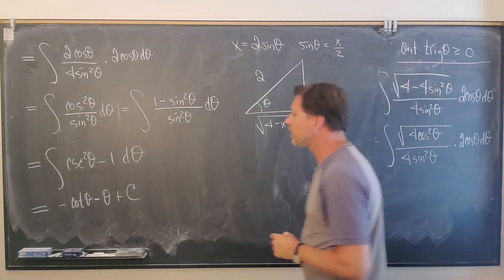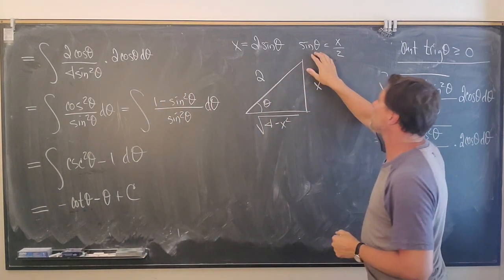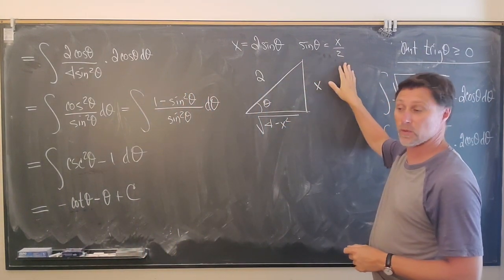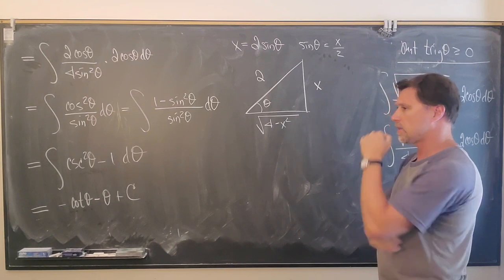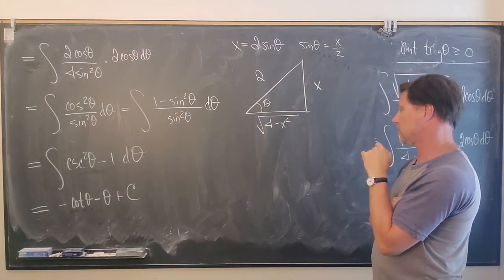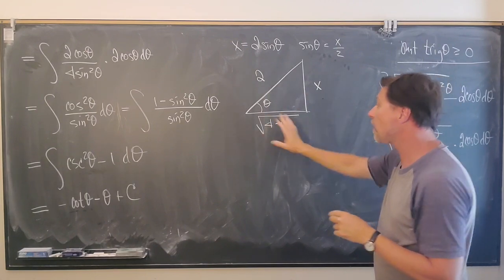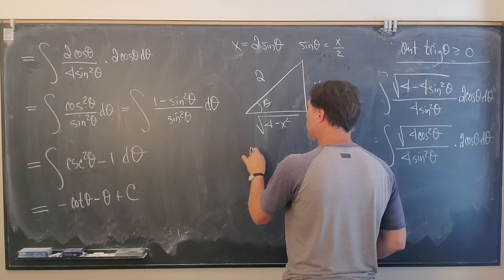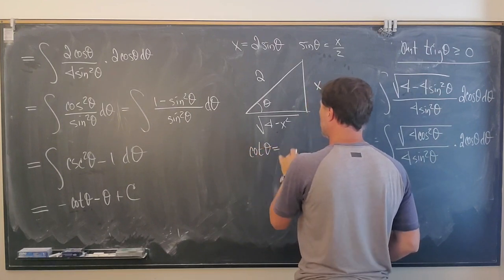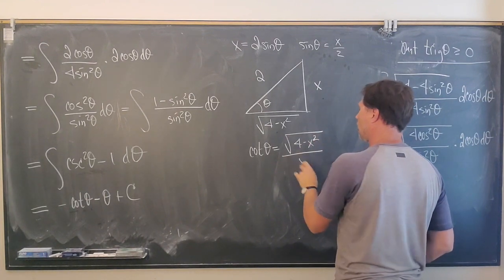I need to figure out what cotangent of theta is, based on this substitution right here, that sine theta equals x over 2. Let's see now, cotangent, that's adjacent over opposite. So reading off from this triangle, what we get is cotangent theta equals adjacent over opposite.